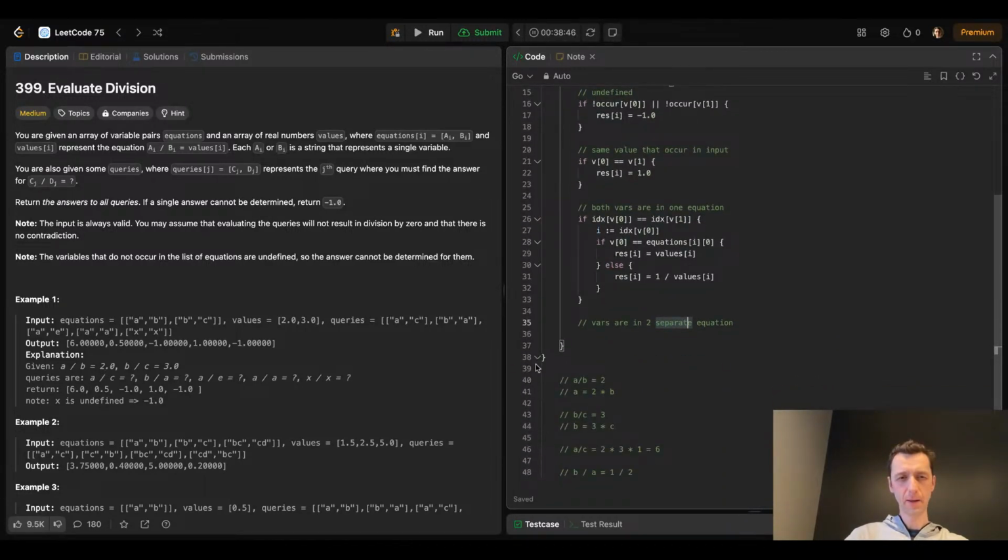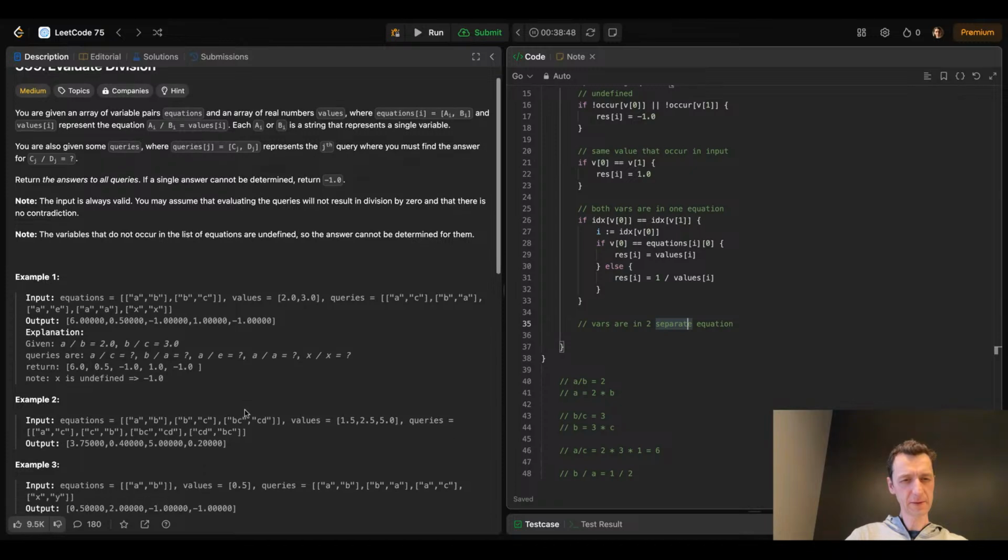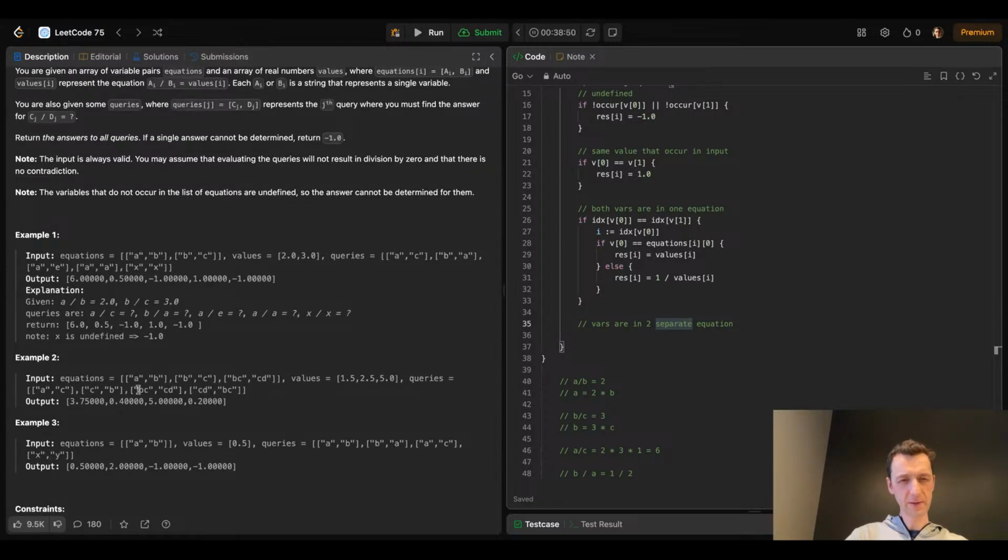Look at this second example, A, B, B, C. Okay, and we have A, C, C, B, B, C, C, D, C, D, B, C. These are the reversed ones.